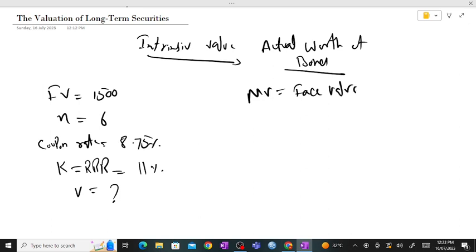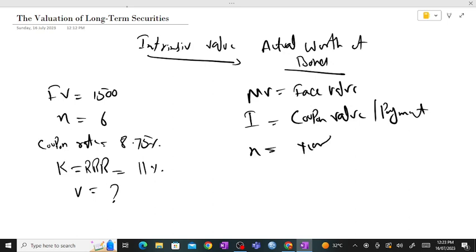Then we have I, that is known as coupon value or payment. It could be anything. Then we have N, that is known as number of years.